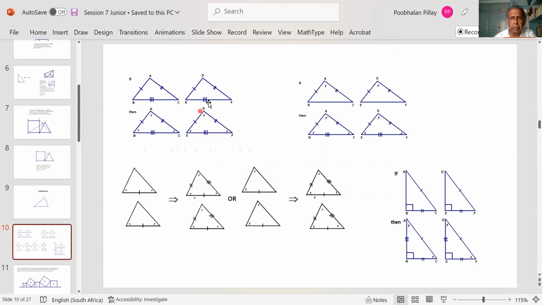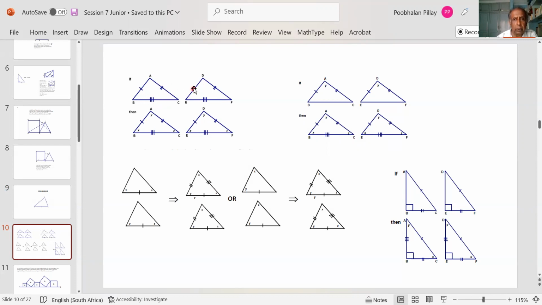You can see this slide is rather populated, but let me start at the top here to explain what's going on. You see, here you've got two triangles. I've named them differently, A, B, C, and D, E, F. They've got the same sides, right?